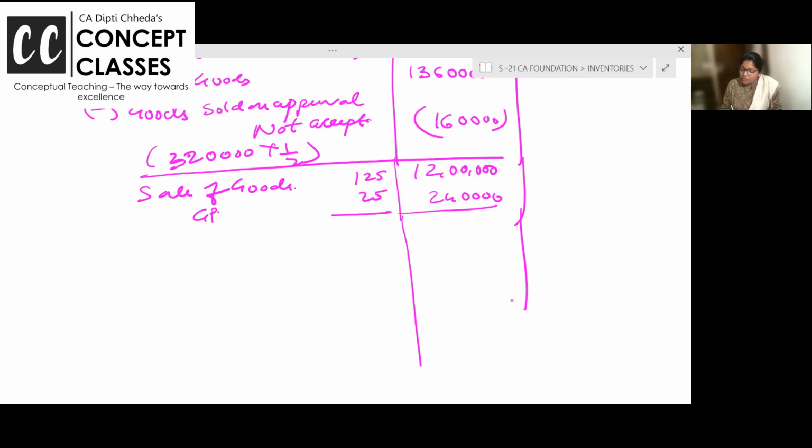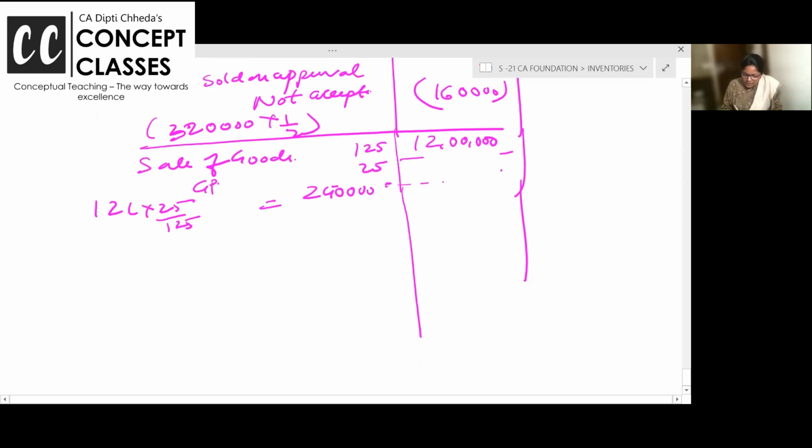So there is a loss also in this. Gross profit is 240. I'll write it here. Gross profit is coming to 240. Correct or not? 12 lakhs into 25 by 125.